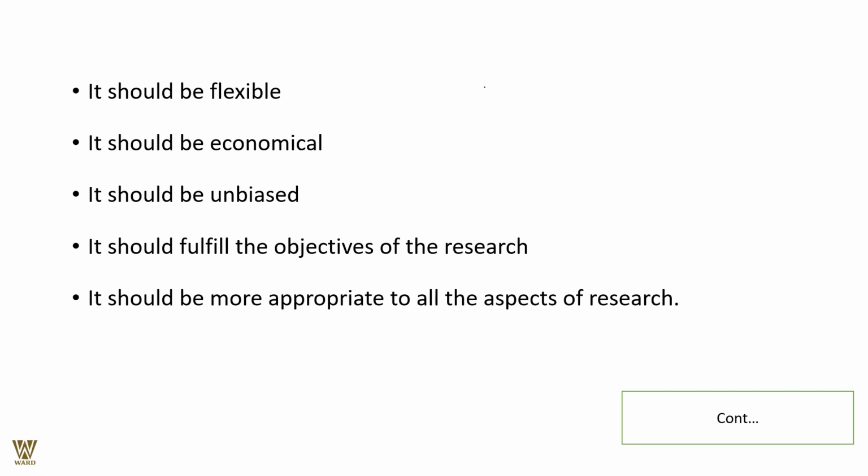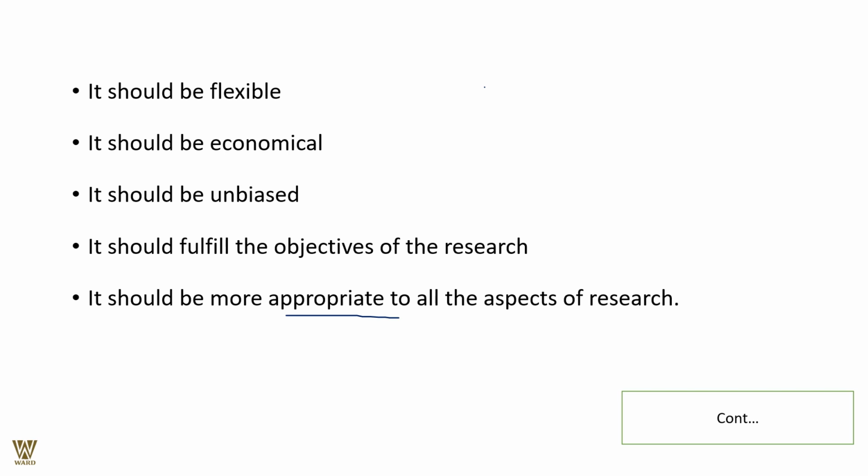So it should be flexible, it should be economical, it should be unbiased per se, it should fulfill the objectives of the research, it should be appropriate to all aspects of research. When I say appropriate, it should be more acceptable by every branch of science as far as possible. So it should be appropriate not only to the scientific community but to the layman public also.